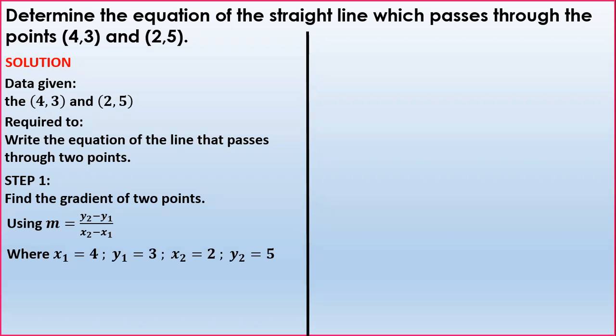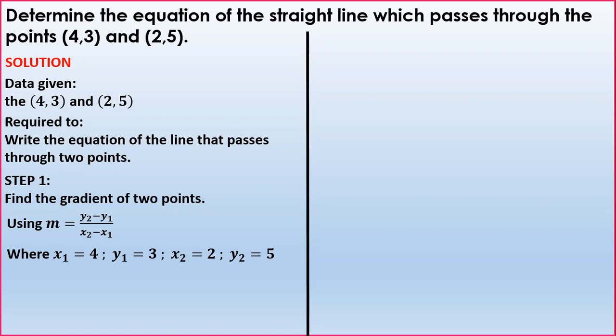where x1 is equal to 4, and this is our first x value. y1 is equal to 3, which is our first y value. x2 is equal to 2, which is our second x value, and y2 is equal to 5, which is our second y value.